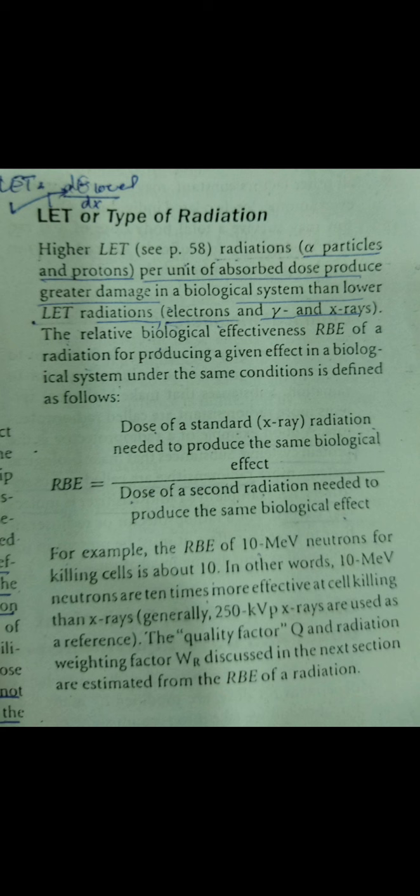Just remember that the effects produced by different radiations in the same or identical biological systems will be different regardless of the radiation dose administered. If you are giving the same amount of radiation to the same biological systems and the type of radiation is different, then there will definitely be different effects. You cannot observe the same effects with radiations of different linear energy transfers.